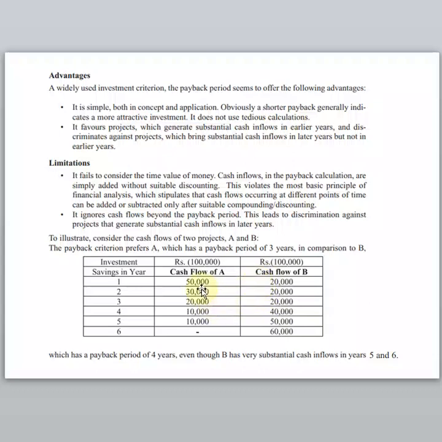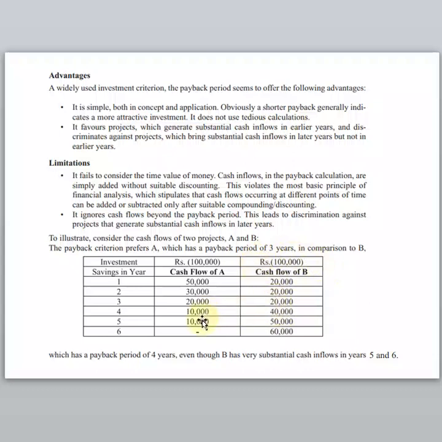If you calculate this, 50 plus 80, 100, so in 3 years the investment has been recovered for project A, but project B requires almost 4 years to recover this 1 lakh cost.